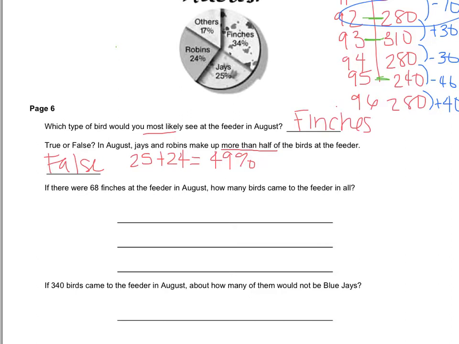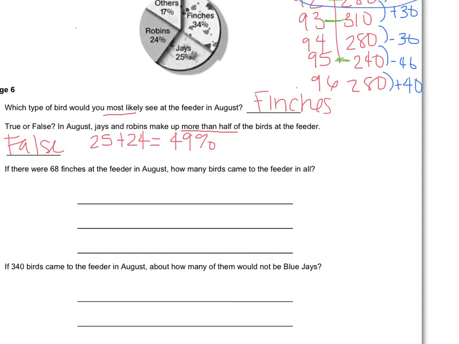It says if there were 68 finches at the feeder in August, how many birds came to the feeder in all? Anytime you're talking about percents and you're solving percents, you always want to use a proportion. So when we set up our proportions, it's always our percent over 100 equals our part over our whole. That's the way it will always look every single time.